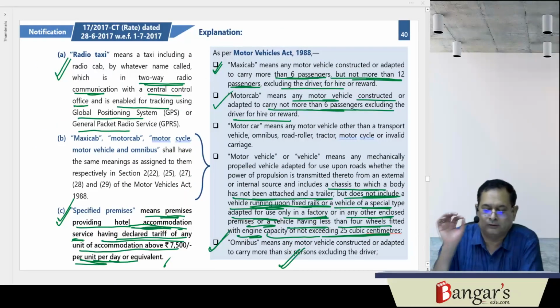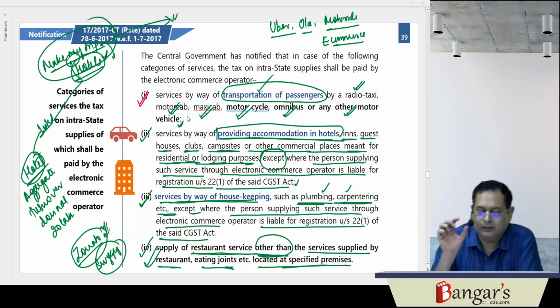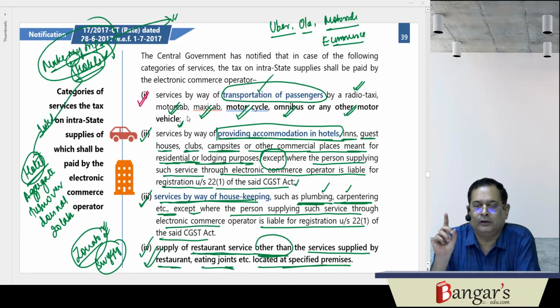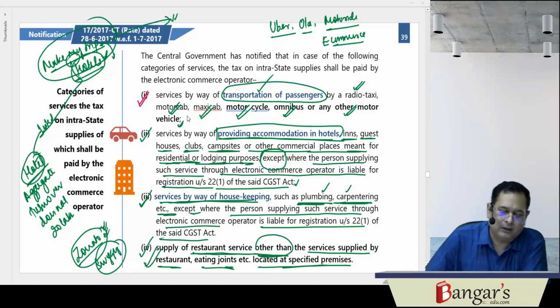So fundamentally these are the specified services where the e-commerce operator will be liable to pay GST. He will be regarded as the supplier of service. They are transportation of passenger service, accommodations in hotels, etc., housekeeping service, and supply of, say, restaurant services.